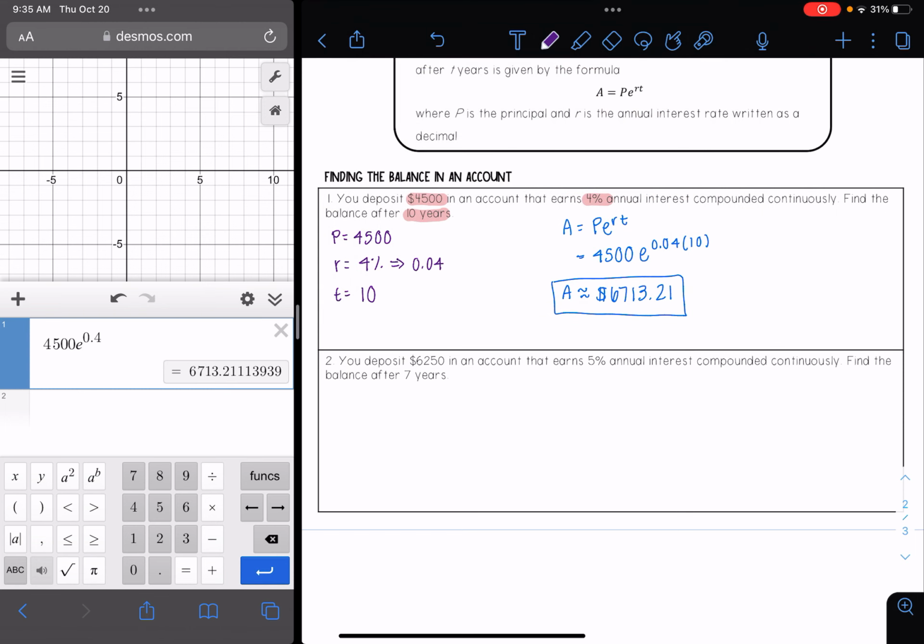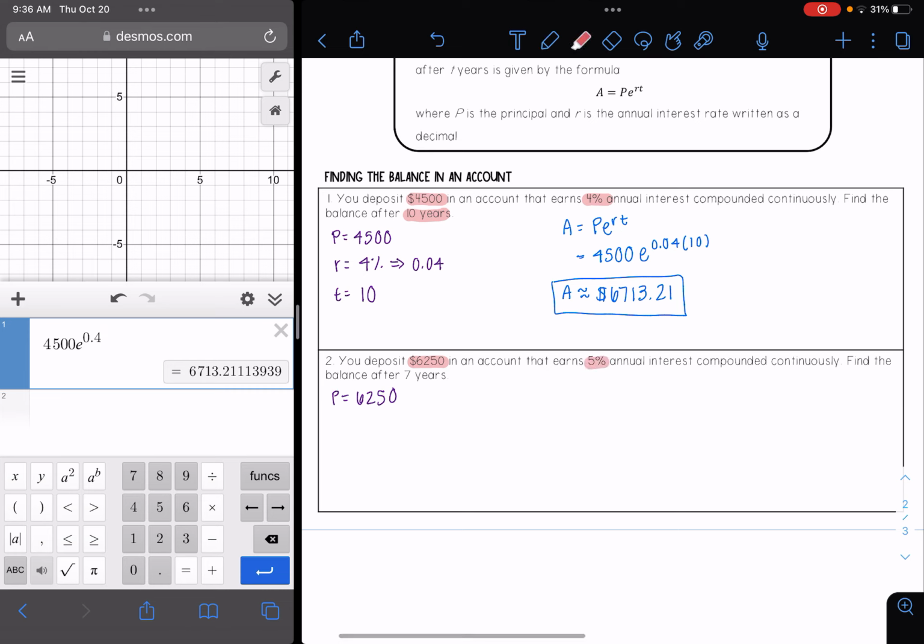Okay, let's look at one more. Here it says you deposit $6,250 in an account that earns 5% annual interest compounded continuously. Find the balance after 7 years. Since it's compounded continuously, I know I'm using my formula A equals P e to the rt. First I see that my principal is $6,250, so P is equal to $6,250.